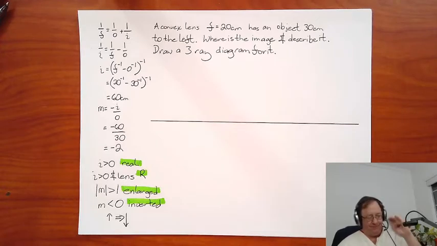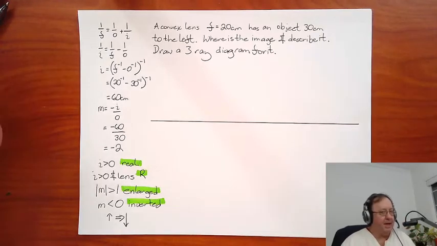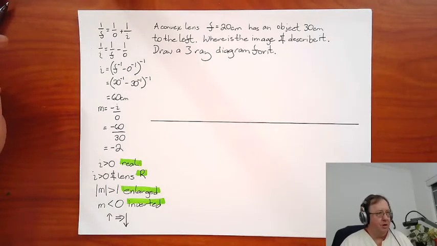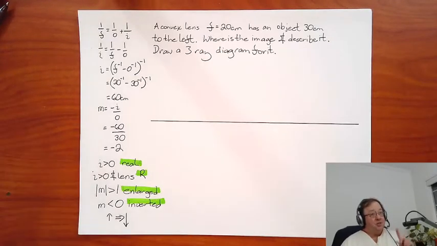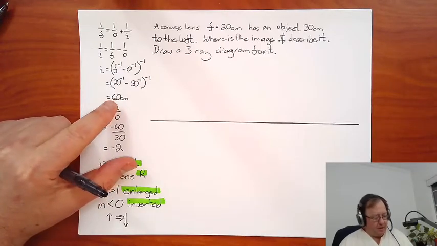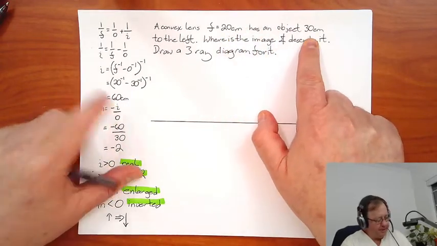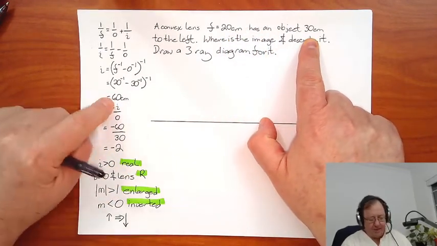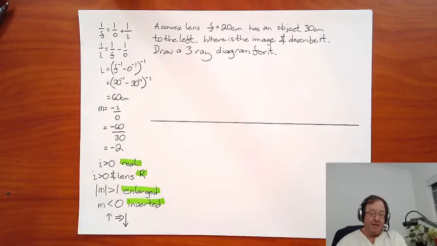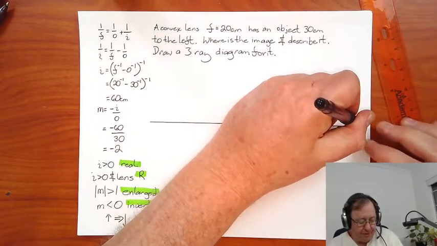It complicates things and introduces way too much trouble for what needs to be done. So you look at the largest number. Focal length is 20, object is 30, image is 60. That's the biggest guy.